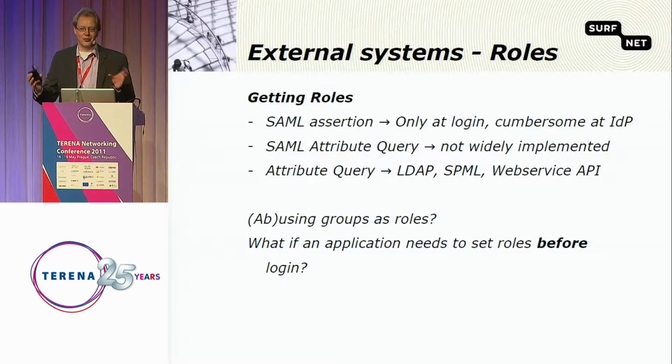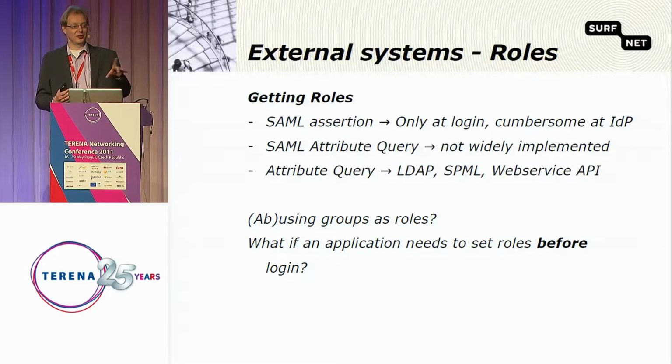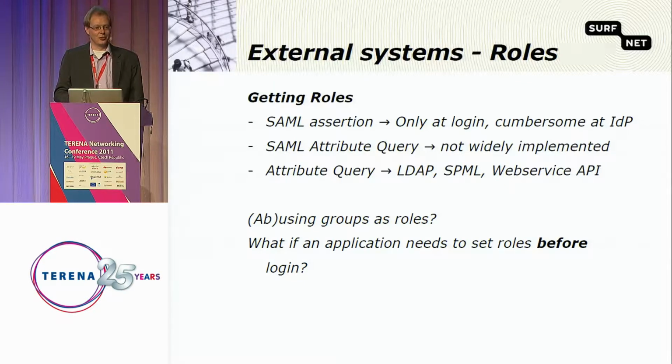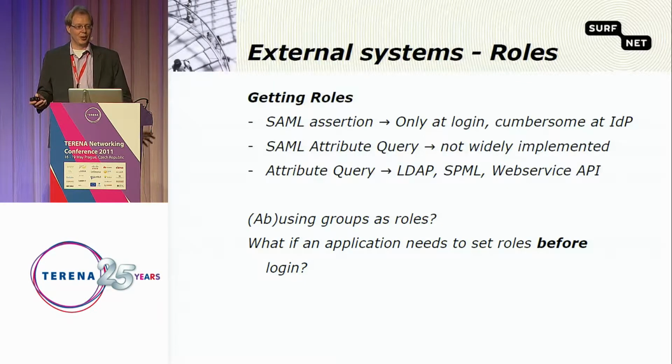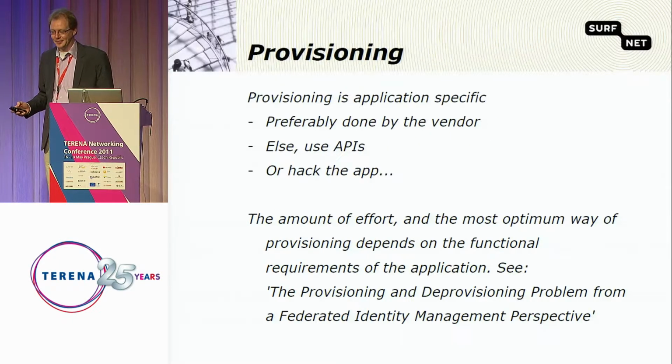Well, that is sort of okay-ish, but if you keep doing that, you end up with: this is the group of users that can edit document X, and edit document Y, and edit document Z. And then, of course, you will get millions and millions of groups, and you've completely broken the usefulness of using groups. And again, the problem here is how do you apply roles based on groups if you do not have all the attributes of the users yet?